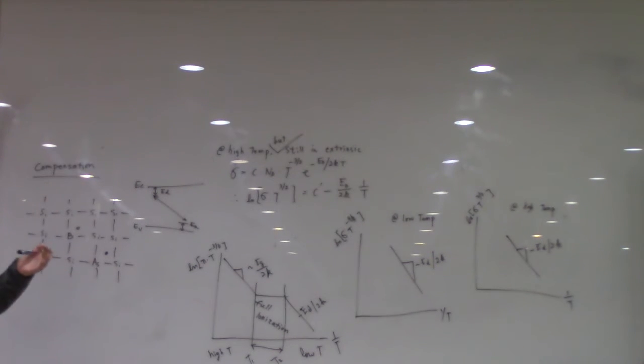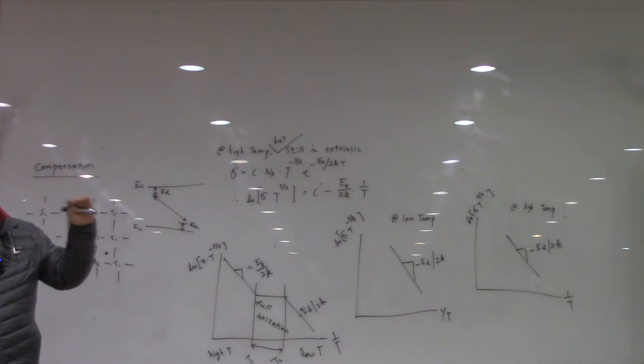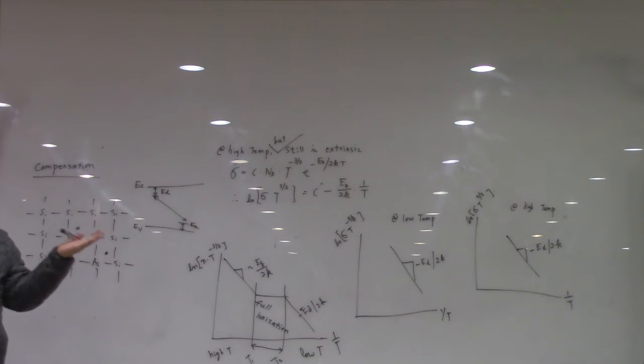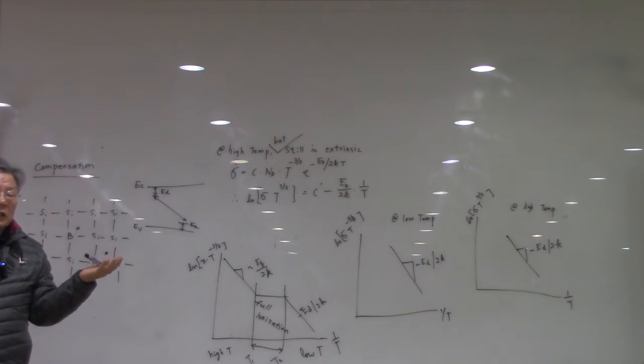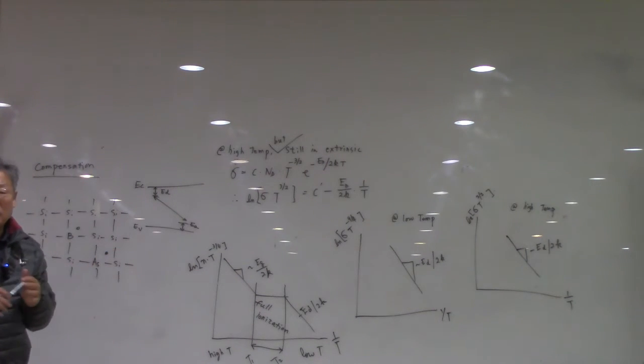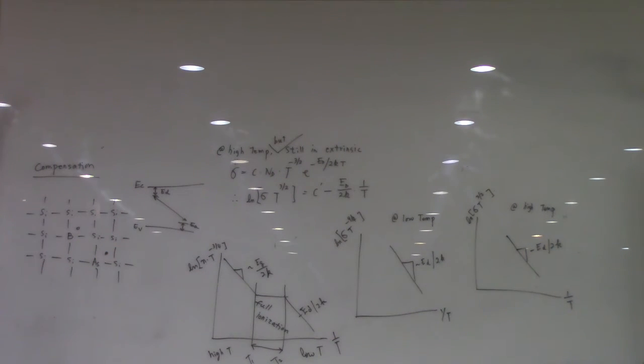In that case, you can have the free carriers less than 10 to the 17th, let's say 10 to the 16th, or something like that, in a controllable manner. So if you want to add a very small amount of a dopant in the semiconductor, you can use this compensation phenomenon.